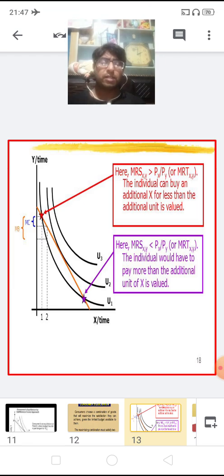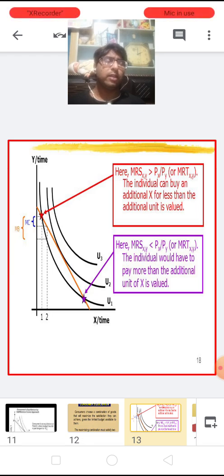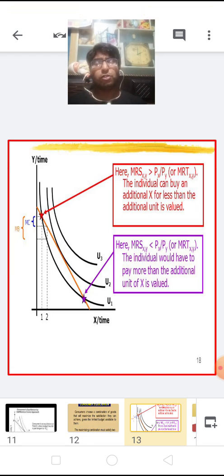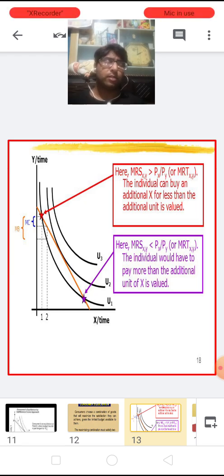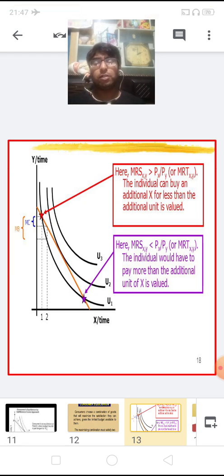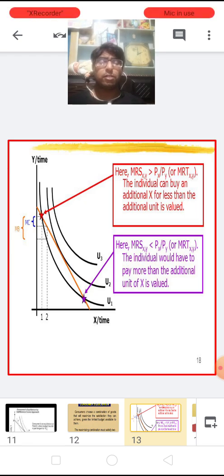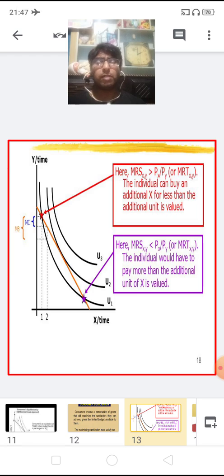So if MRS_XY is greater than Px upon Py, then a rational consumer will consume more and more units of good X, so that his marginal rate of substitution for every additional unit goes on decreasing, up to the point where MRS_XY becomes equal to Px upon Py.